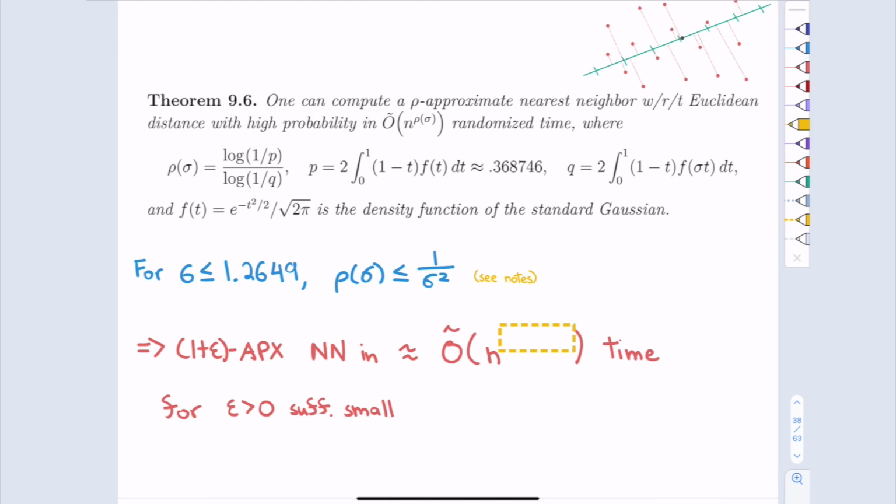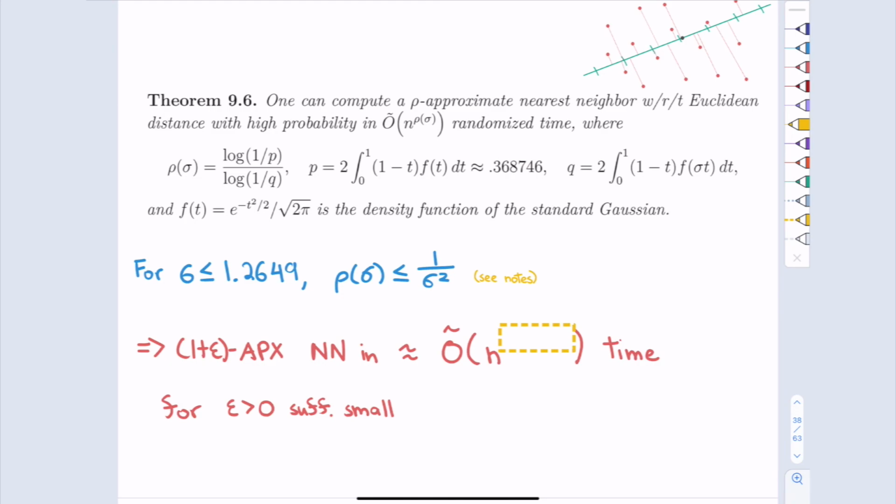You can do some calculations in the back of the notes. If sigma is not too big, say sigma is less than 1.2649, which is what I calculated, then you can show that this rho is at most 1 over sigma squared. So if sigma is bigger than 1, then rho is going to be 1 over sigma squared.